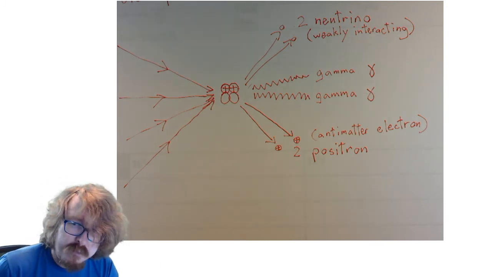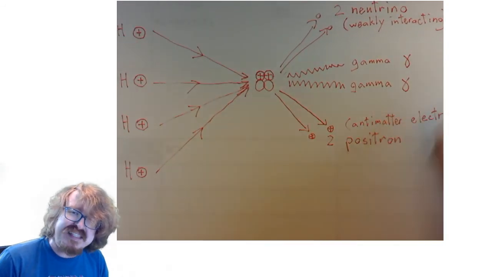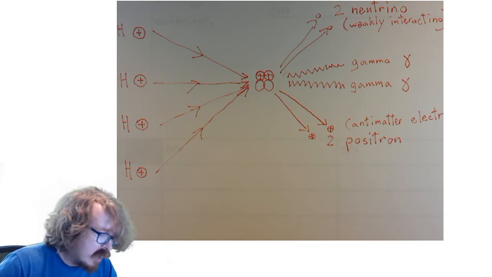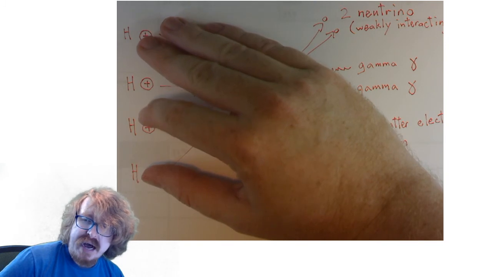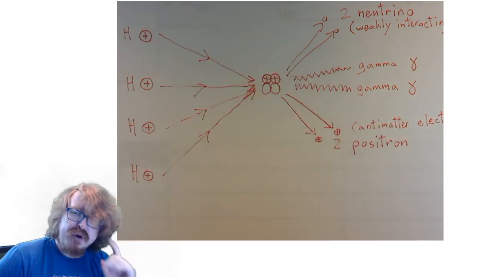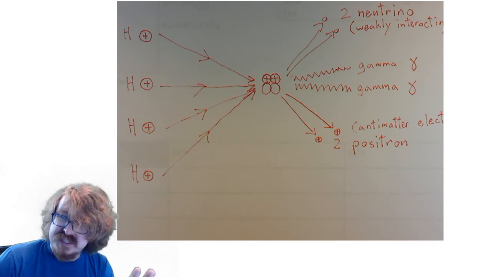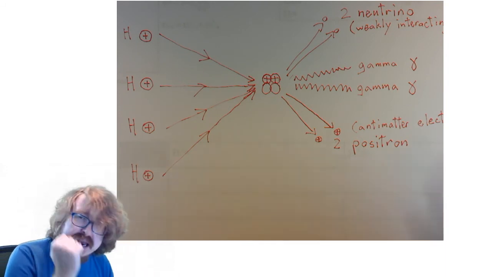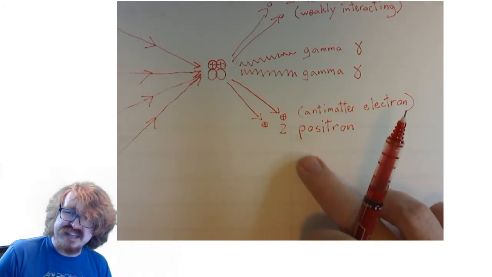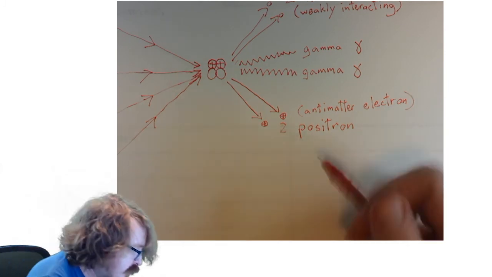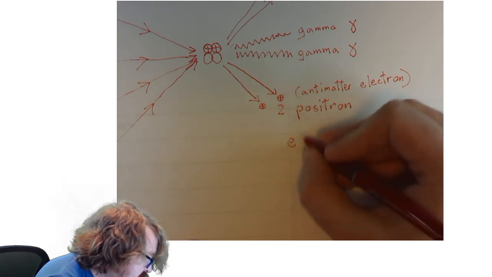Now, here's the thing, though. Remember, we're almost done with this diagram, we said that all of the atoms over here, because it was so hot, their electrons fell off. But those electrons are not gone. They're still all over the center of the sun, okay? So what's going to happen is, as soon as these positrons form, they're going to run into a couple of electrons that are just flying by.